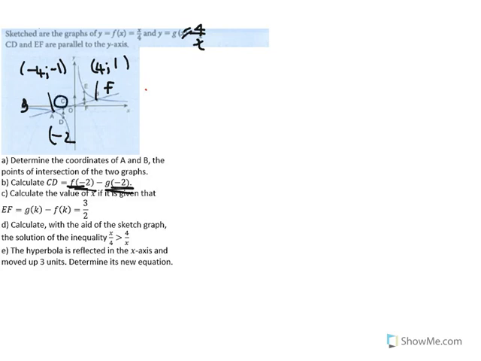So the coordinates of C, let me just get rid of some clutter here. Right, so the coordinates of C would be negative 2 and whatever the output is when function f acts on an input of negative 2. And the coordinates of D are also going to be negative 2 and the output of G when the input is negative 2.